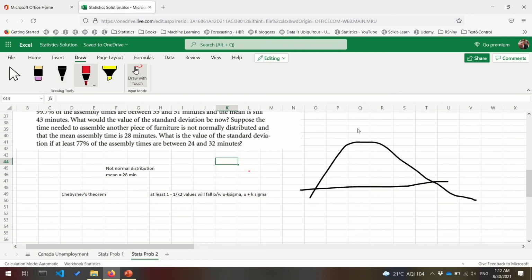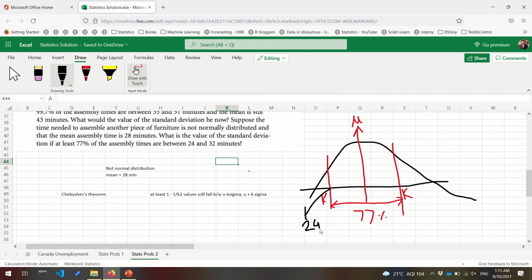If this is the curve, let's say this is your central data point, which is your mu average. Can I find a range of k sigma on each side, and this range gives me around 77% of the data points? Can I say that this will be your 24 and this data point will be your 32, because 77% of the data should fall under this range, 24 to 32?